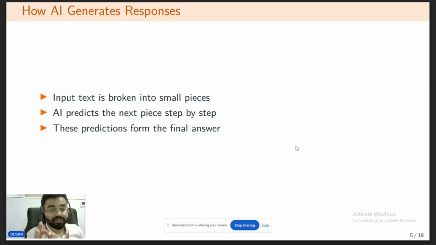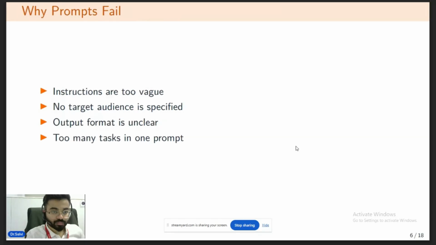And if this subjectivity is very huge, then it will always give you wrong outputs. So we want this AI model to be less subjective and more objective oriented, and in that case the predictions that we get in the form of final answers are always going to be on the right path of action.